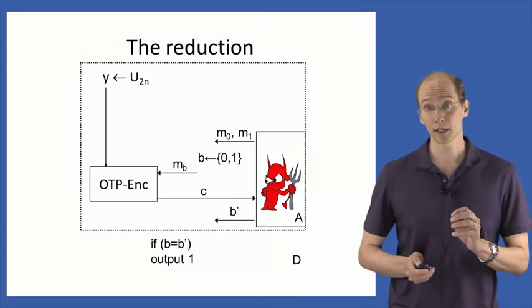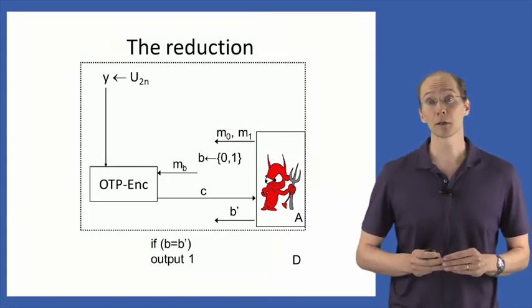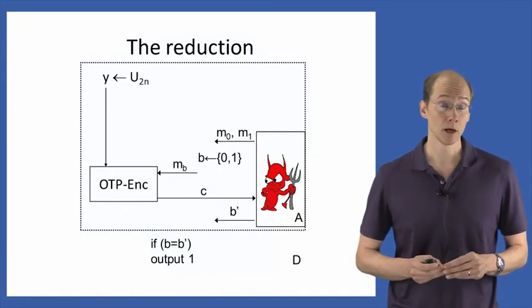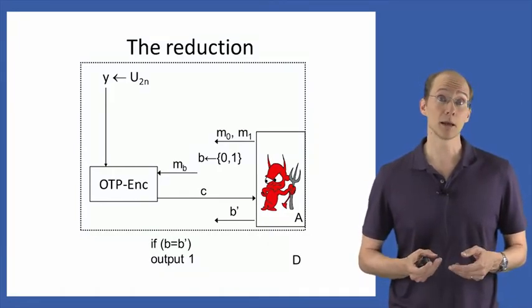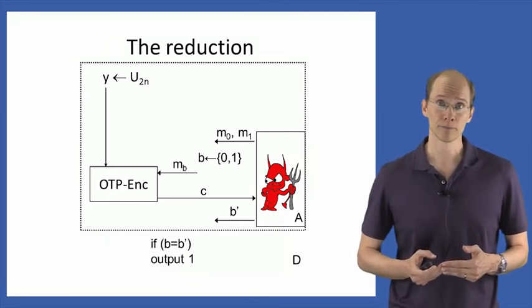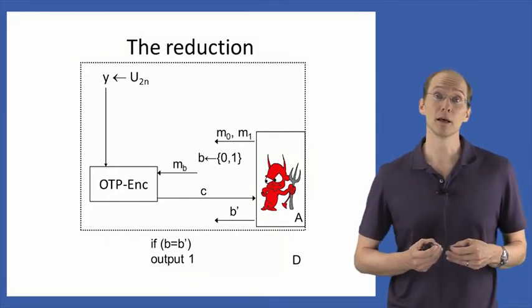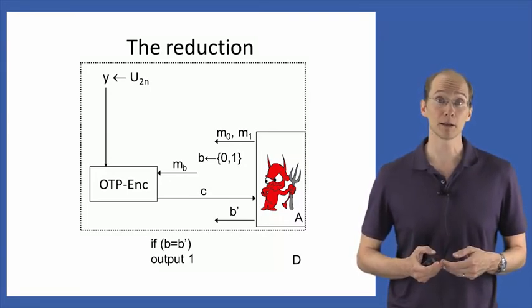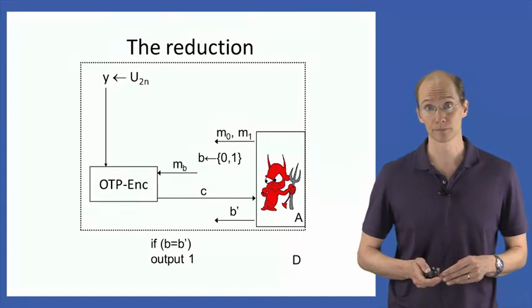So then this is exactly a picture of the experiment in which A is attacking the one-time pad encryption scheme. But we know that the one-time pad encryption scheme is perfectly secret, and that's stronger than being computationally secret. So we know that the probability with which A can output B prime equal to B in this experiment is precisely 1/2.